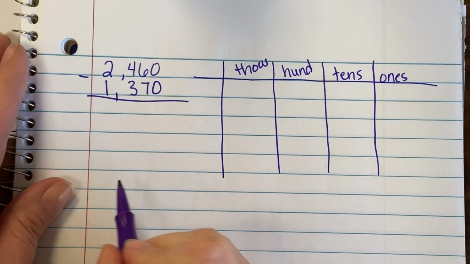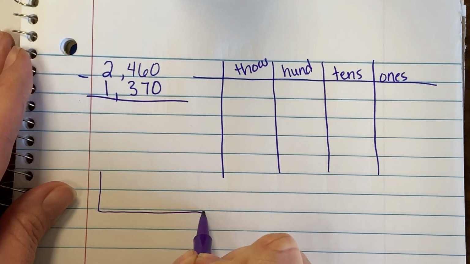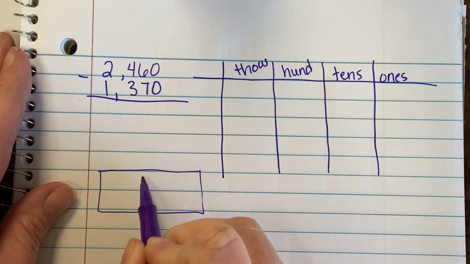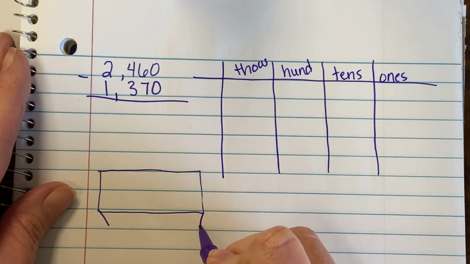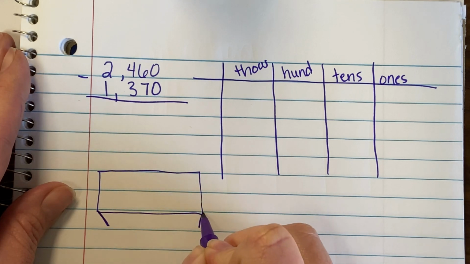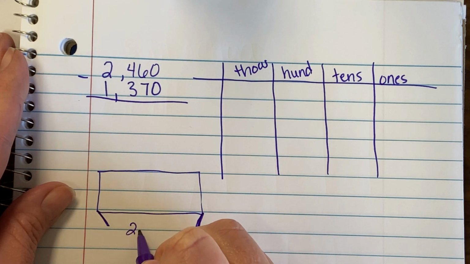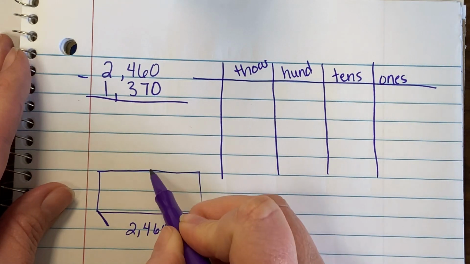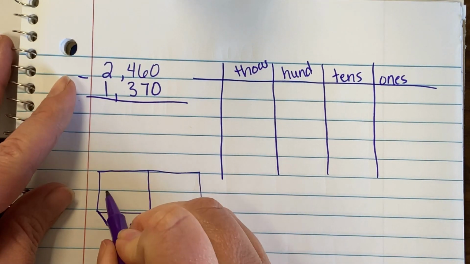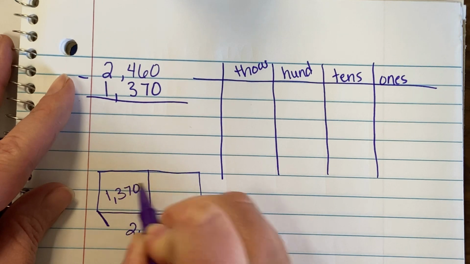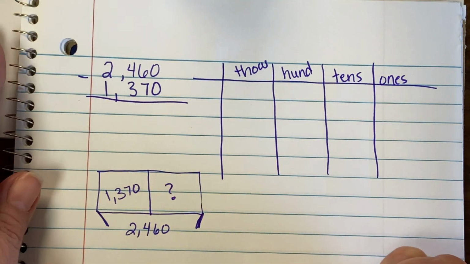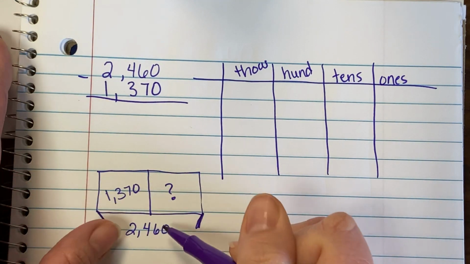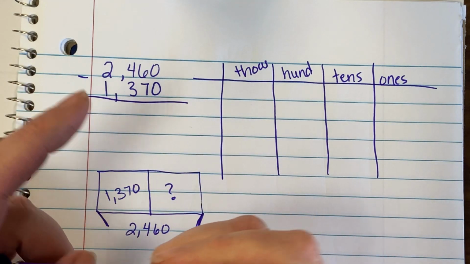So down here, to make sure that I understand my subtraction, I'm going to say, well, this entire piece, from here to here, is 2,460. That's my entire piece. Well, part of that piece is 1,370. I don't know what this missing piece is. So that's the reason I have to subtract from my whole.